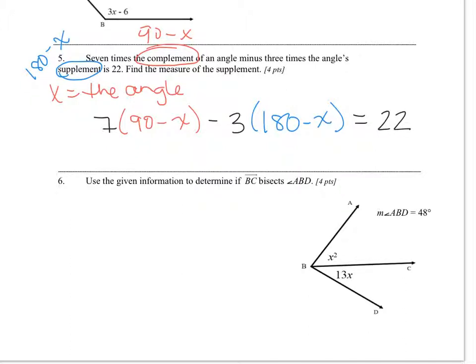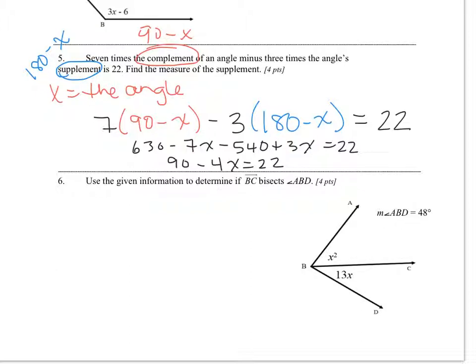And then you just solve this equation like we would solve any other algebraic equation. 630 minus 7x minus 540 plus 3x equals 22. Okay, 630 minus 540 is 90. And negative 7x and the 3x is negative 4x equals 22.